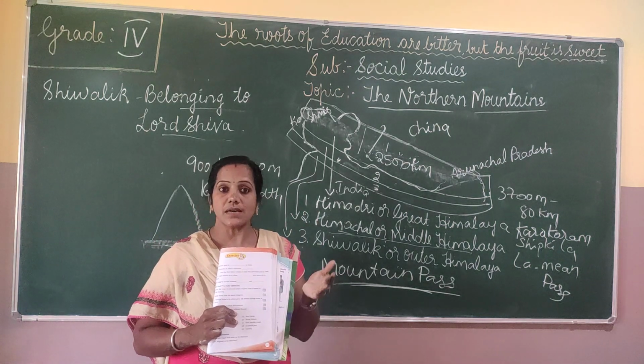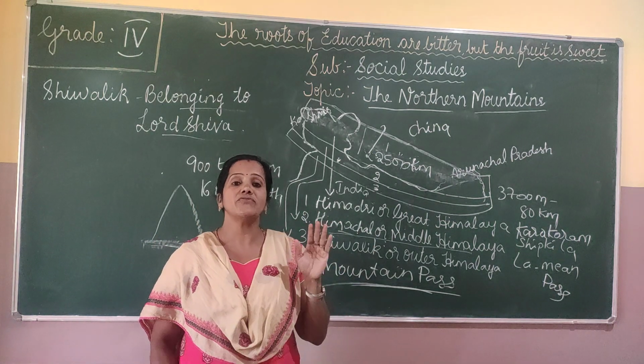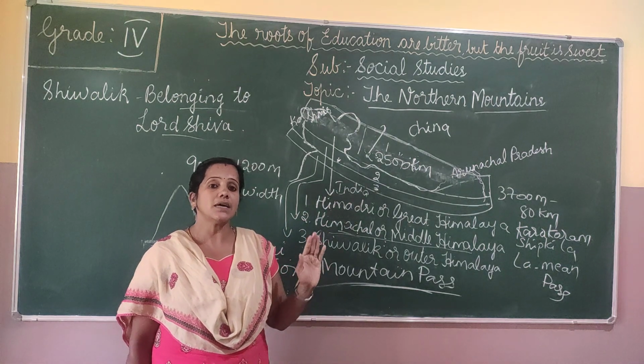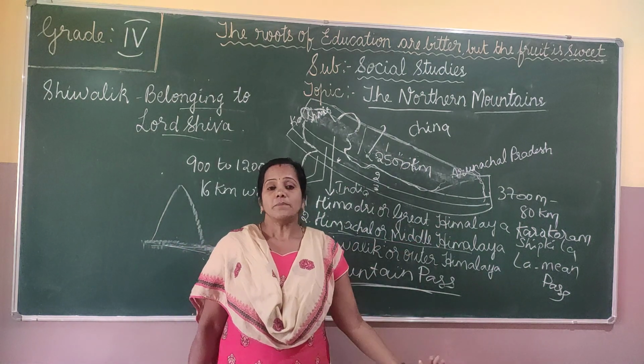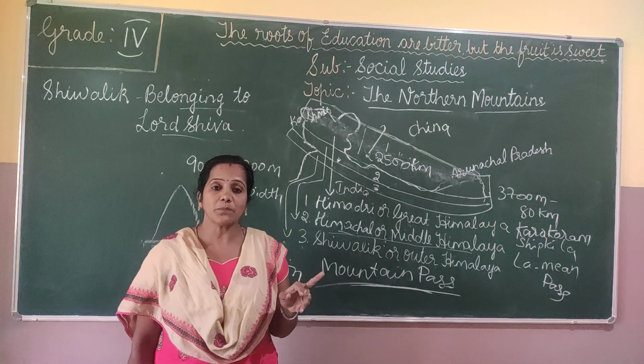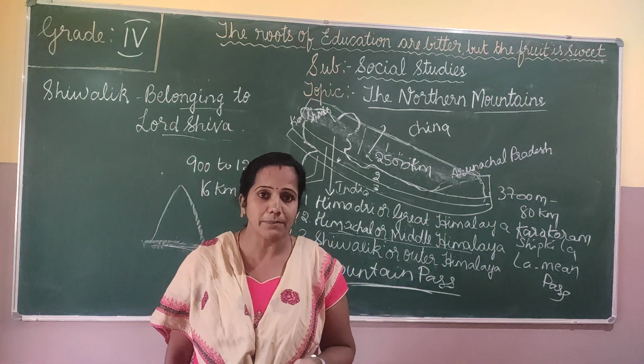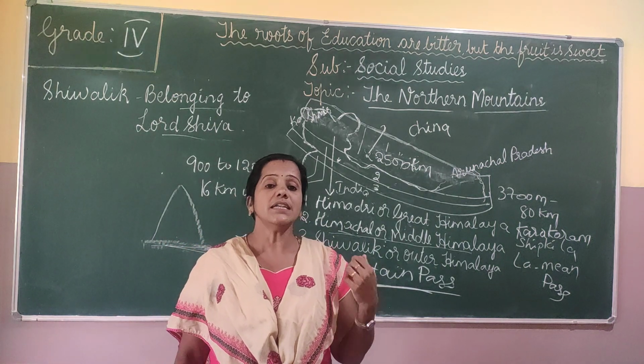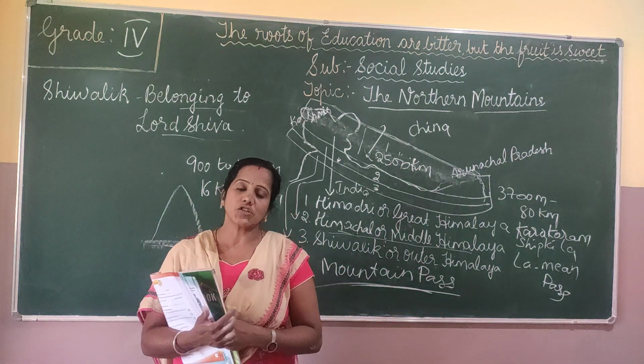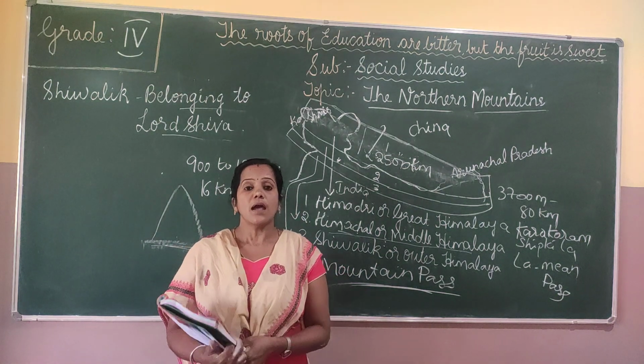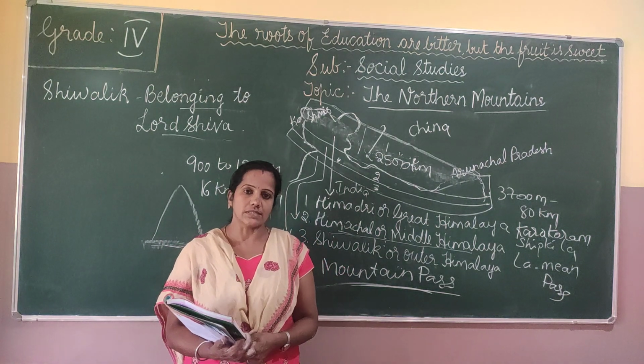Some of the passes are natural. Some of the important mountain passes are the Karakoram Pass in Kashmir, Shipkila and Nathula in Sikkim, and Bondila in Arunachal Pradesh.